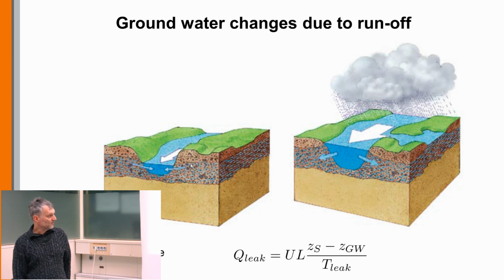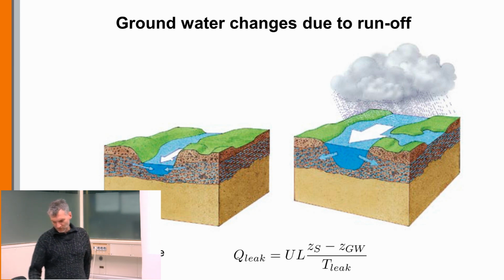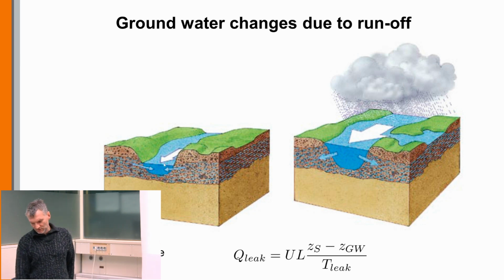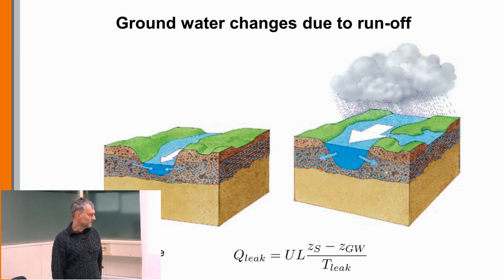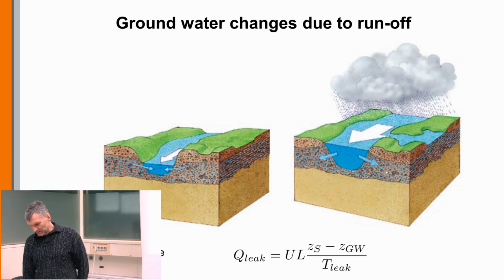When the groundwater level is larger than the river level, then there is a runoff into the river. When the river level is higher than the groundwater level, because of rainfall or flooding, then we have a river flow into the groundwater.